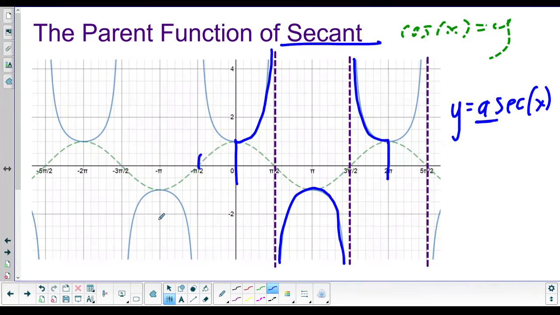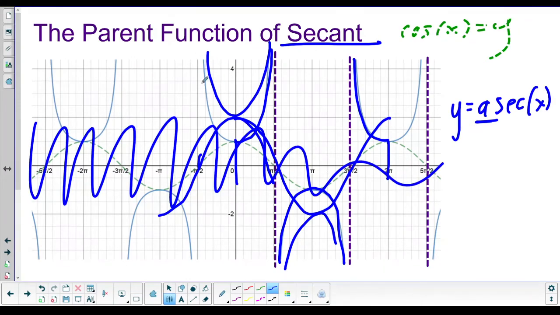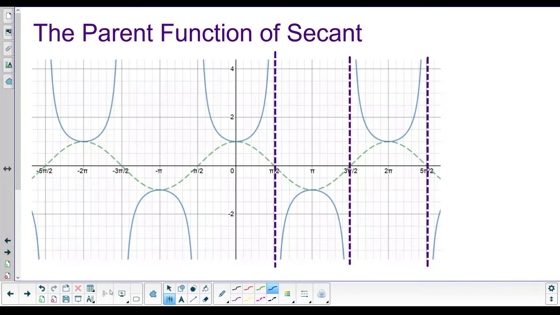It would be more like this. Hold on, I can't graph. Ooh. Right? And then your secant will just stay outside of that zone. So it makes the forbidden zone in the middle between your u's a little bit bigger.